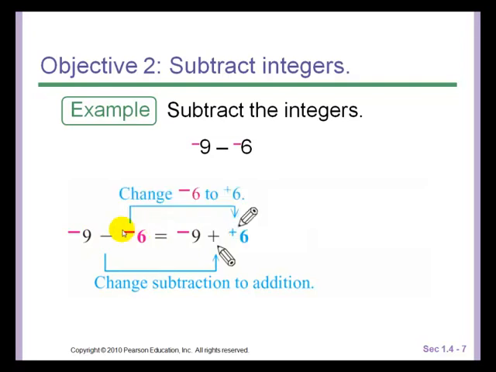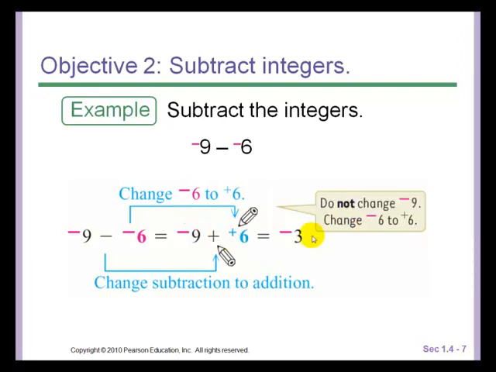Then we have to change the -6 to its opposite, which is +6. Again, many people do not write this positive here because it is just assumed if you have a number without any sign to be positive, but in order for consistency, I would recommend this at first. -9 plus +6 is -3.